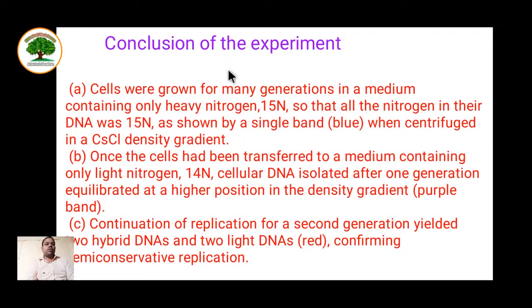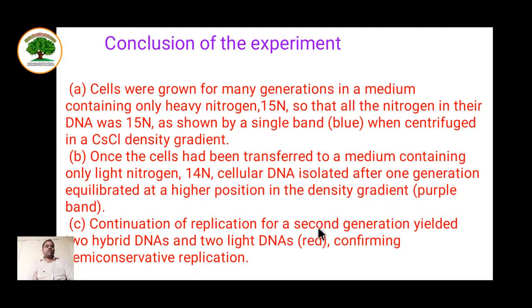So let's see the conclusions of the experiment. Cells were grown for many generations in a medium containing only heavy nitrogen, that is N15. So the nitrogen in the DNA was 15N, as shown by the single blue band when centrifuged in a caesium chloride density gradient. Once the cells were transferred to the medium containing normal nitrogen, that is N14, cellular DNA isolated after one generation equilibrated at a higher position in the density gradient, as we saw in the last picture.